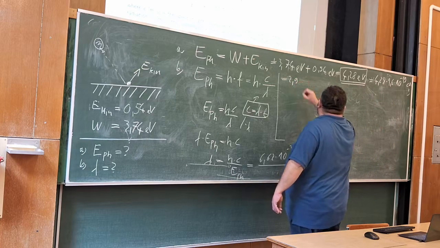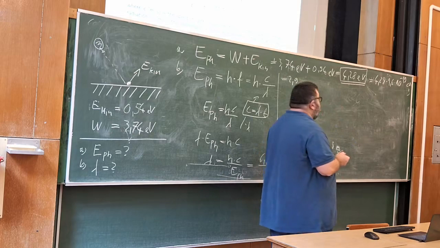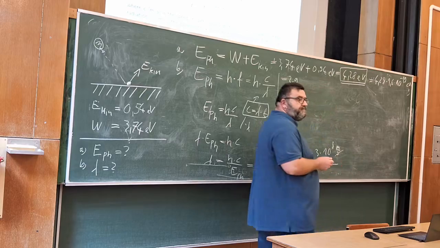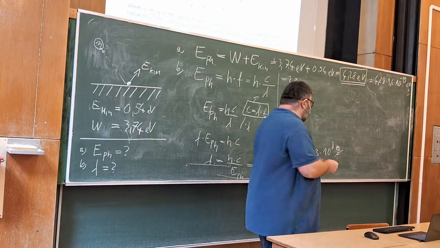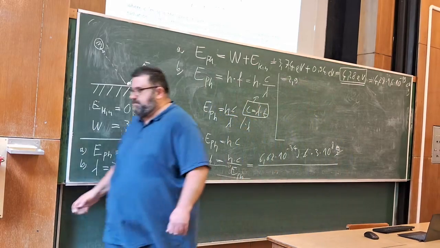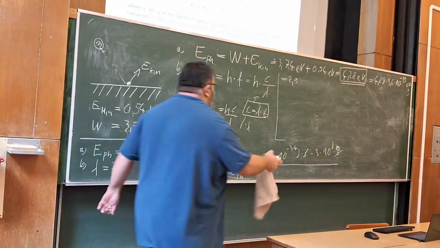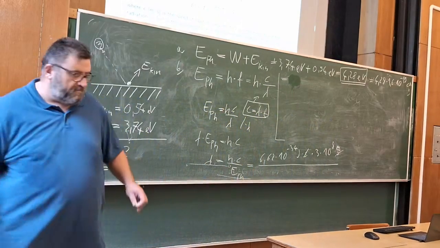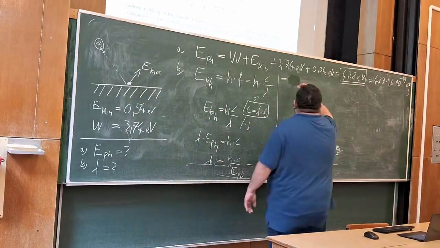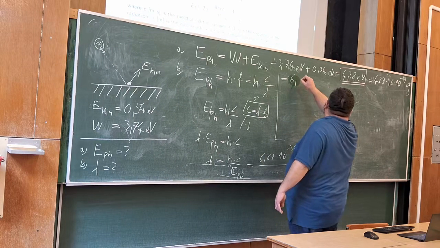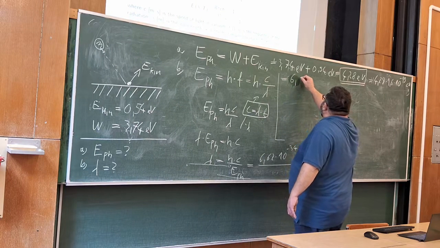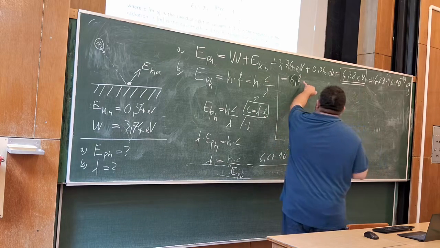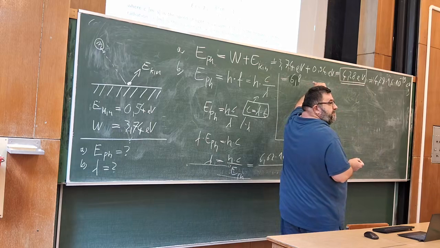6.8. It's better. Six point eight, and 6.848. What is the next digit? 4 and 8.